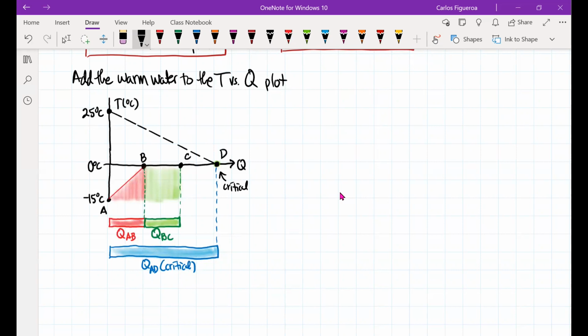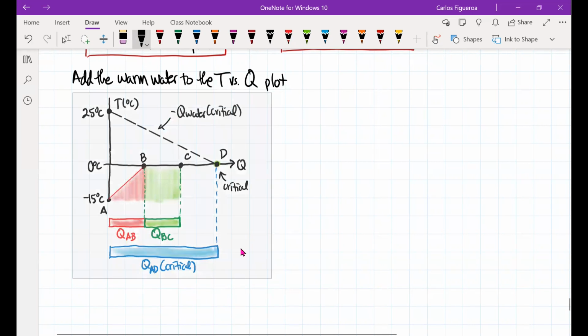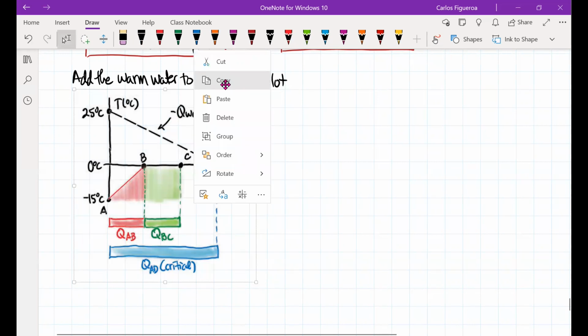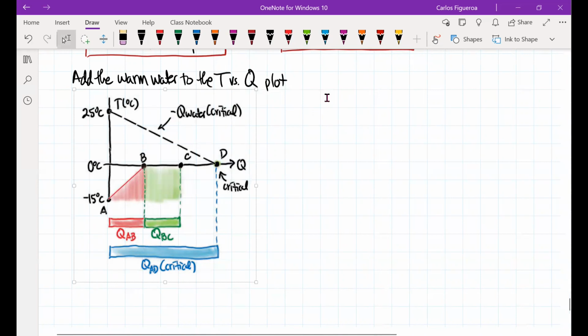So this line right here is my minus Q critical of water. That's the critical point. So I'm going to copy this one more time. And then I'm going to plot this so that I look at the full picture right here.